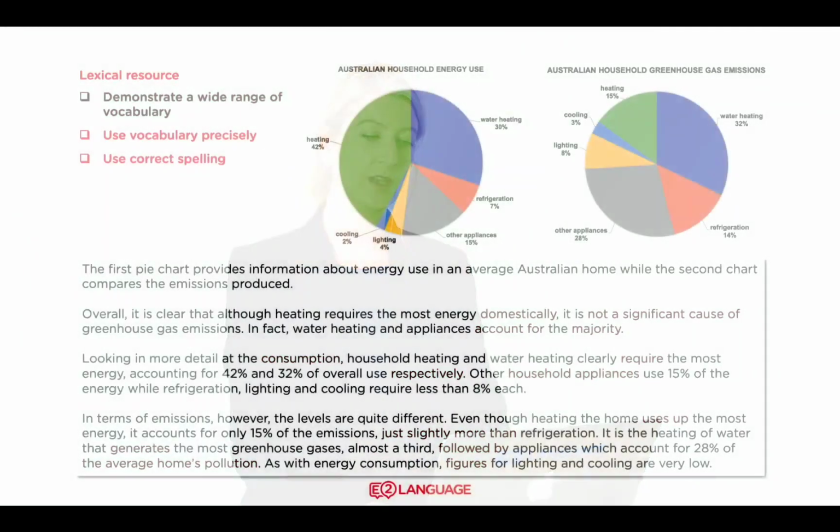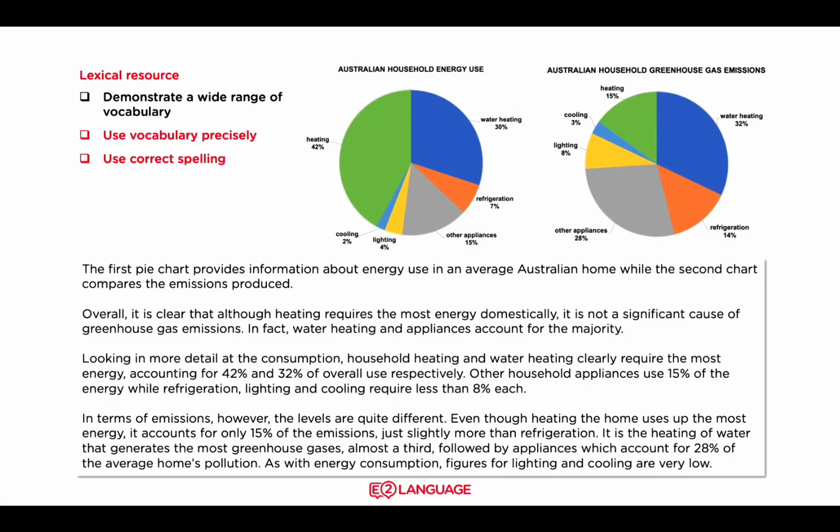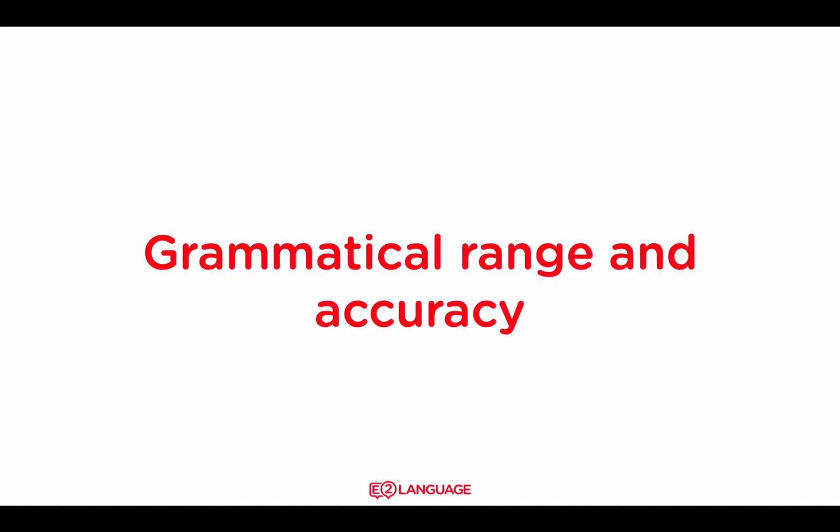All of this language should be fairly familiar to you now that you're quite into your task 1 preparation. And this is a wide range of vocabulary. As you learn this vocab, as you see it, make sure you're thinking about it while you're writing. Get it into your task 1 in order to score well in lexical resource. The other aspect is precision. In addition to the range, it needs to be accurate. Your spelling needs to be correct.